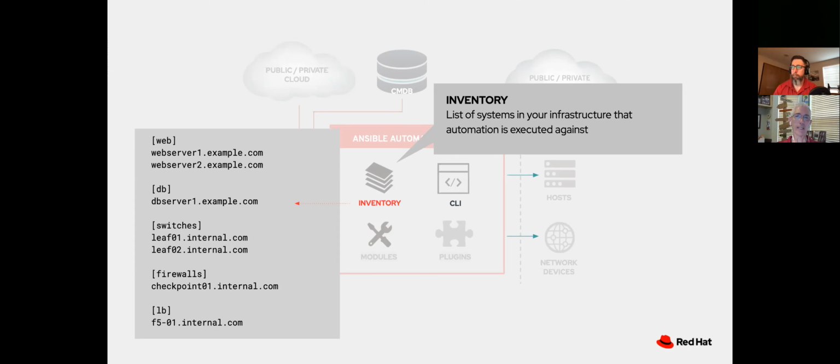If you had automation that went out and provisioned a new system using EC2, that would be automatically populated within the Amazon environment. Then you could use Ansible to query that and know that whenever you run the automation, it's always using the latest version of your inventory.